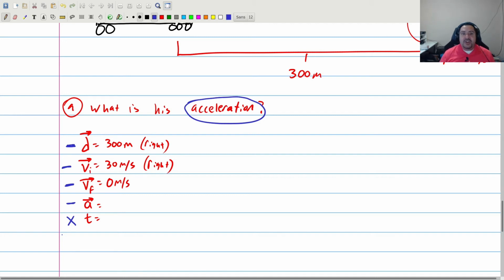So that's going to be kinematic equation number 4, which looks like this. V final squared equals V initial squared plus 2AD. Vector, vector, vector, and vector.